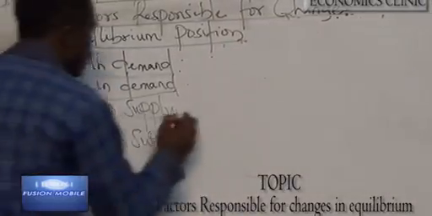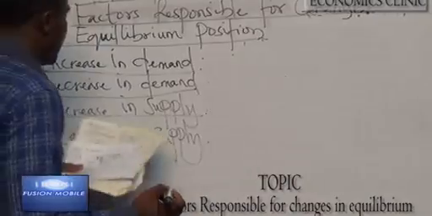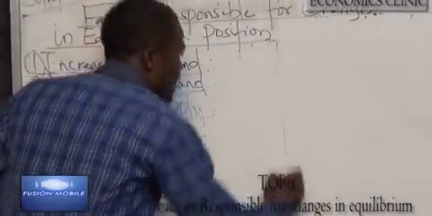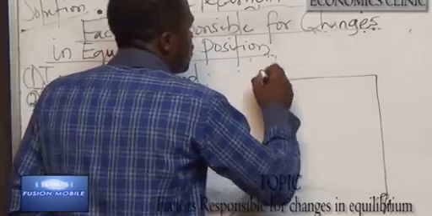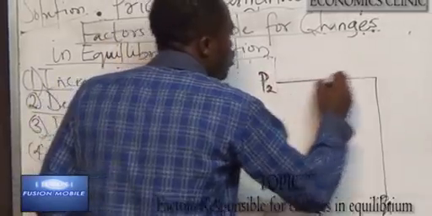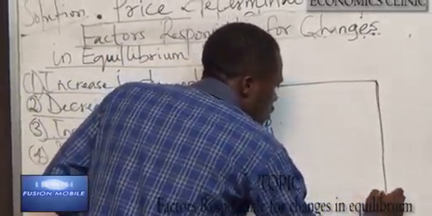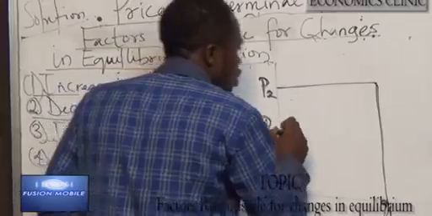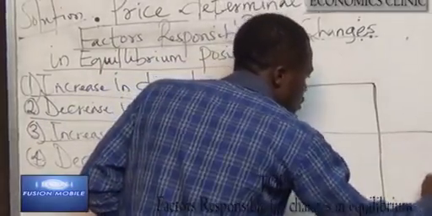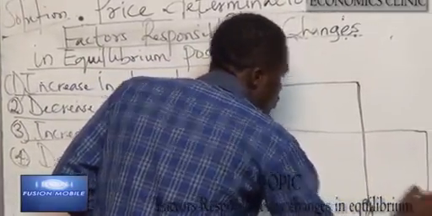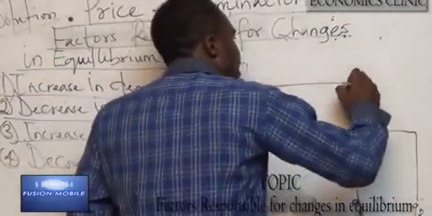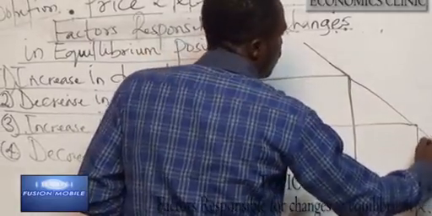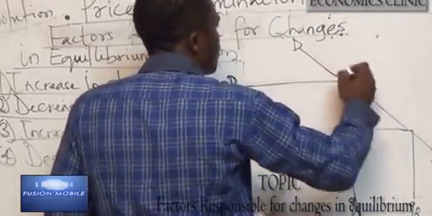increase in supply. How does increase in supply affect equilibrium position? This can be represented on a graph. P2 drawn to meet Q1 and P1 drawn to meet Q2. Here we have the demand curve constant.